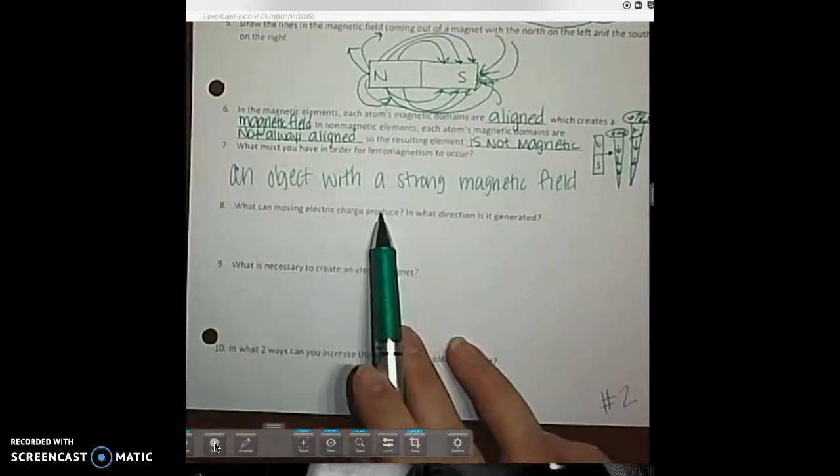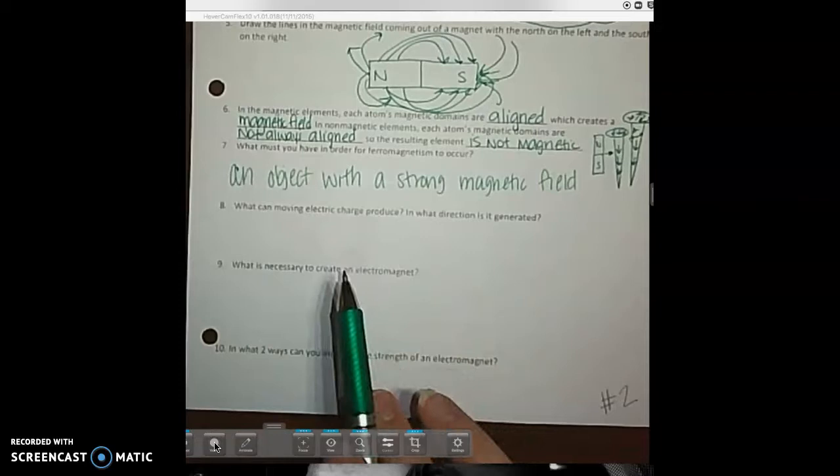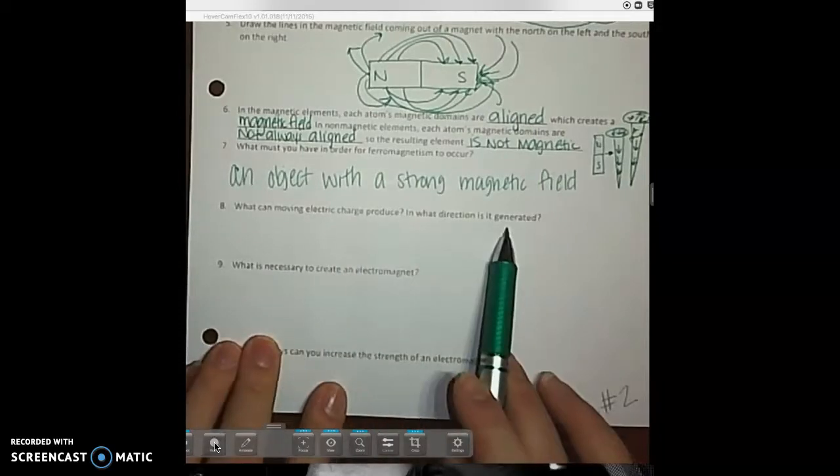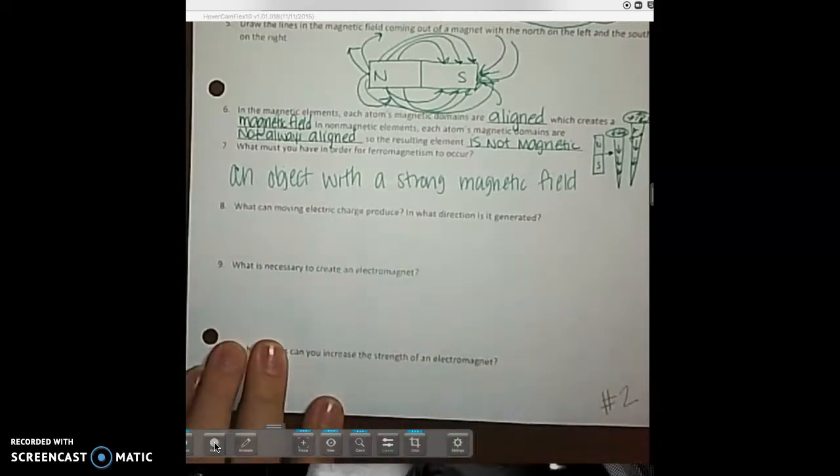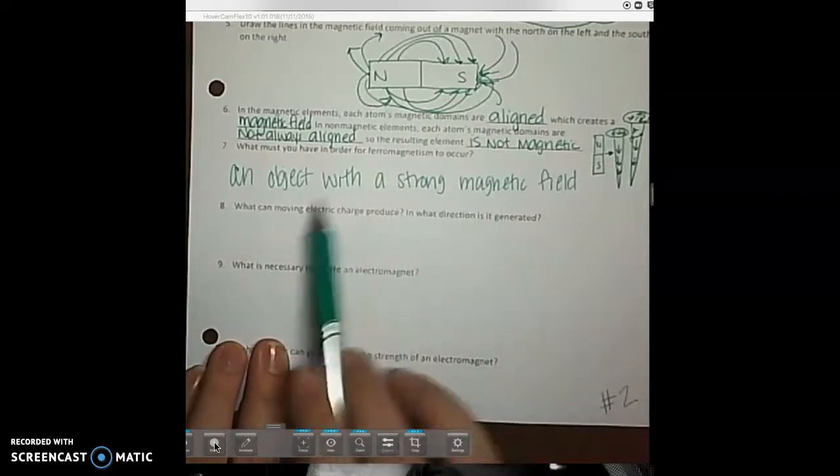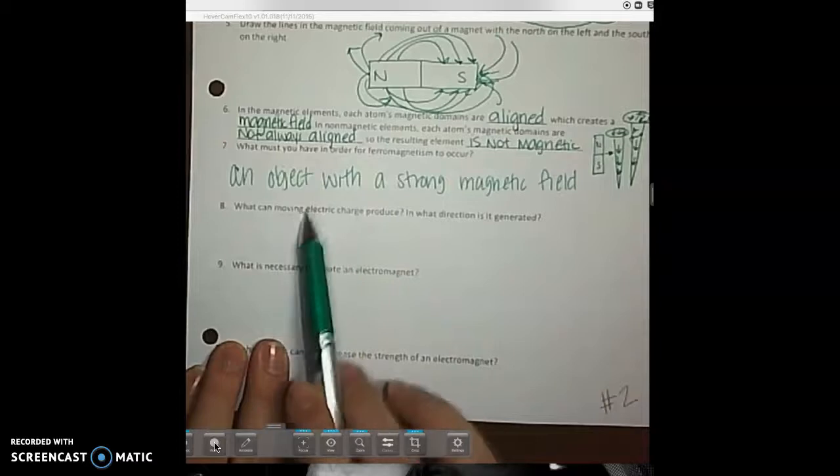All right, on number 8, it says, what can moving electric charge produce? In what direction is it generated? So in your notes, it talks about how a magnetic field can be created with an electric current.